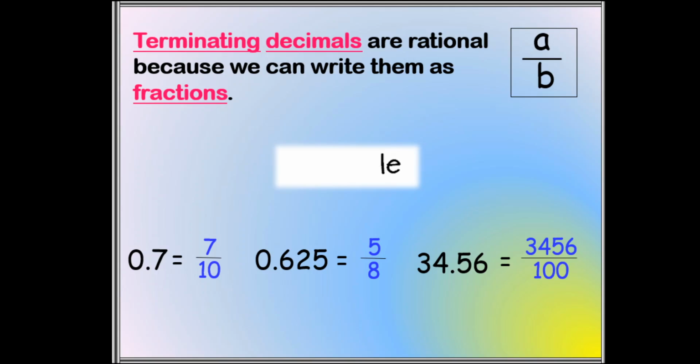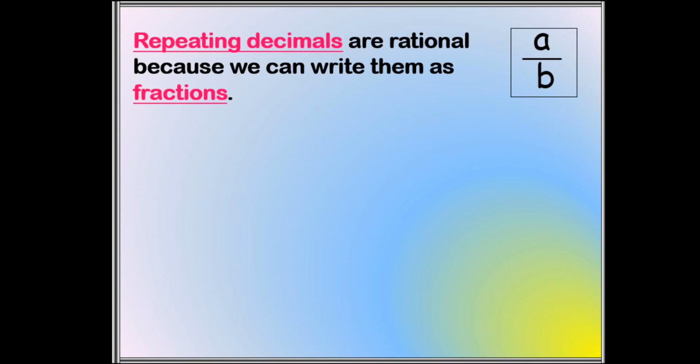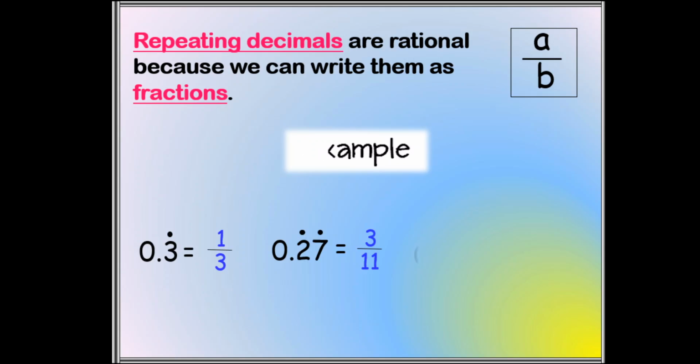And lastly, we have 34.56 is equal to 3,456 over 100. Repeating decimals are rational because we can write them as fractions. The following are examples.